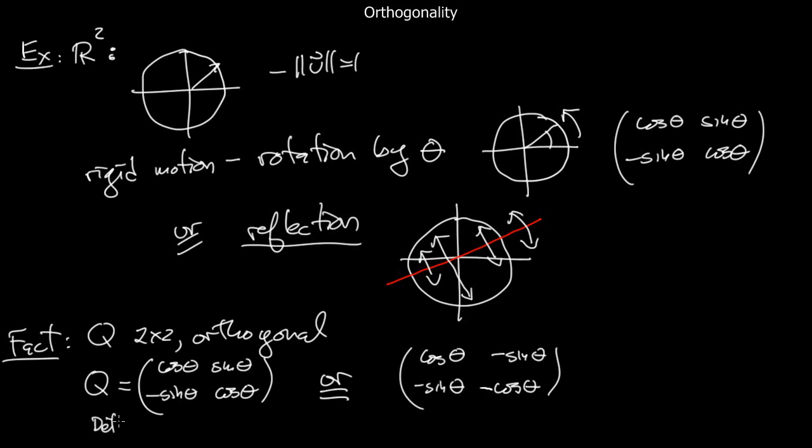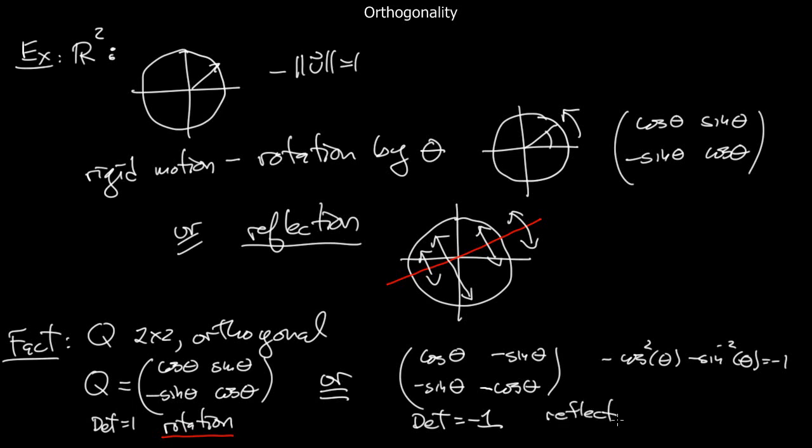So this first guy here has determinant 1, cosine squared plus sine squared is equal to 1, and this is a rotation. This guy here has determinant minus 1, because when you take the determinant, you get minus cosine squared minus sine squared, which is minus 1, and that's a reflection.